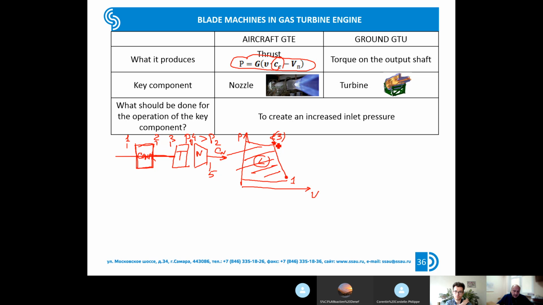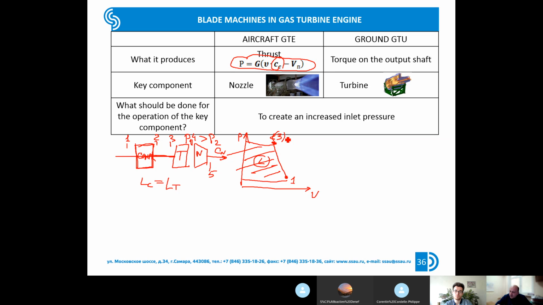That's the first moment. The second moment: the expansion process will be adiabatic too, because the turbine expansion in the ideal case is adiabatic. And the last idea: the specific work of the compressor, if we do not take into account losses and if the mass flow rate through the compressor and the turbine is the same, will be the same for the compressor and for the turbine.